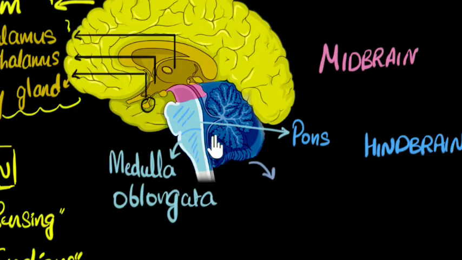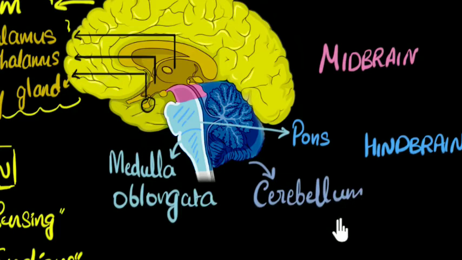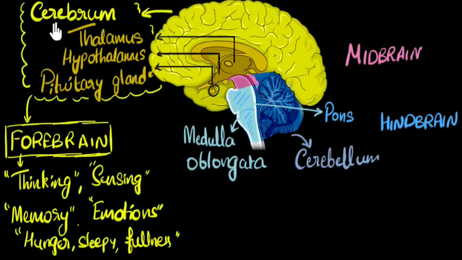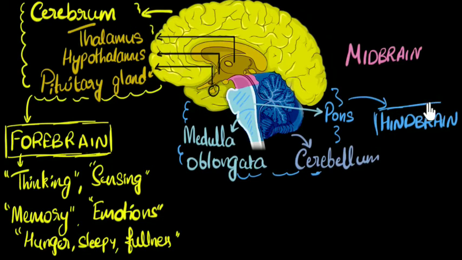Yeah, you can see the cerebellum, right? Don't confuse this cerebellum with the other part called the cerebrum. Cerebrum is the largest part of the brain, and here what I said is the cerebellum, right? So these three come under the hindbrain.